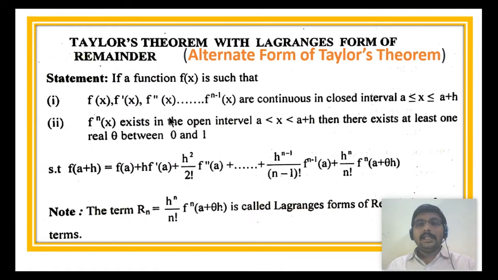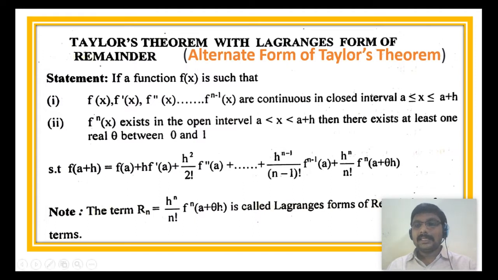Now, alternate form of Taylor's theorem, or another form of Taylor's theorem with Lagrange's form of remainder. The alternate form is: f(x) is a function defined in the closed interval [a, a+h]. But in Taylor's theorem, we have the interval [a,b].